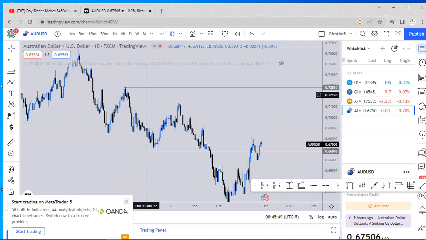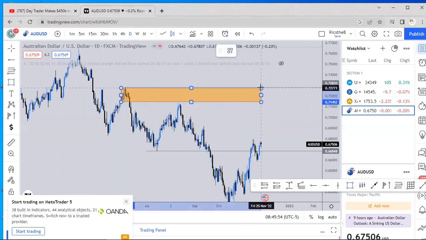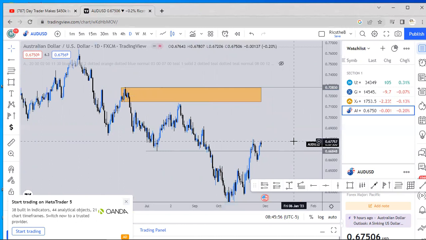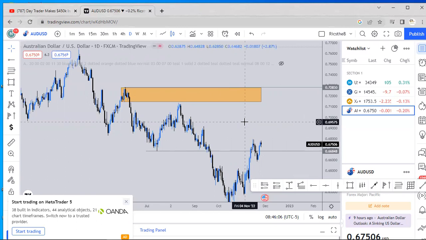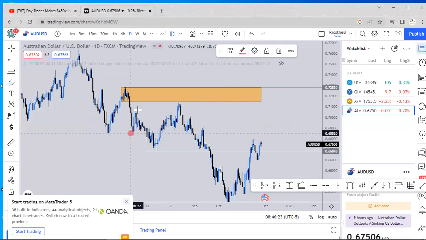What price tends to do most of the time is create a supply area. Again, I'll teach on demand and supply, probably in the next video. Price tends to create a supply area, or, if it's a buy scenario, a demand area. Then from there, a different type of liquidity forms.